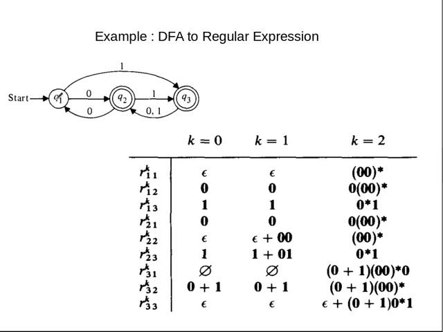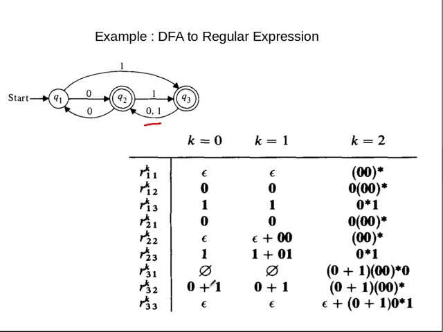From 3 to 2 you see we have 2 symbols, so from 3 to 2 we have 0 plus 1.